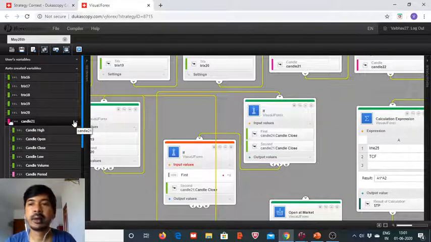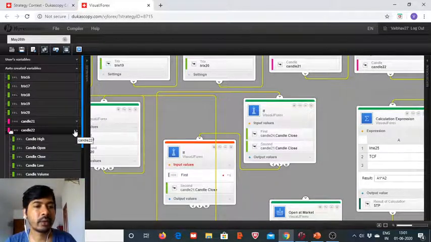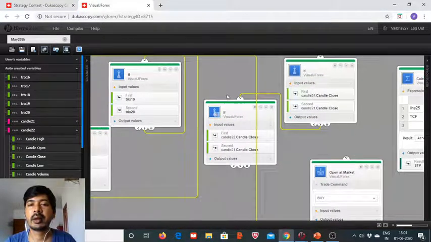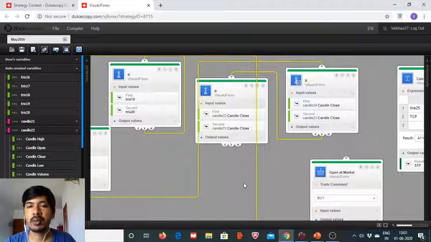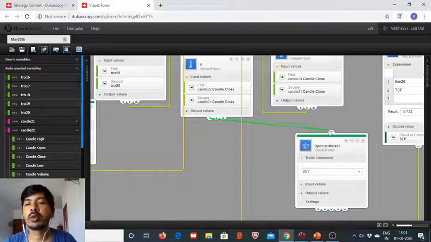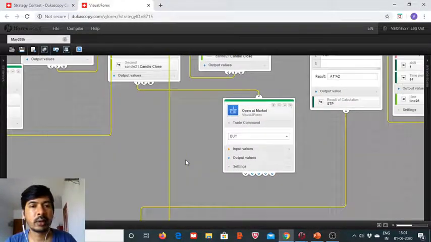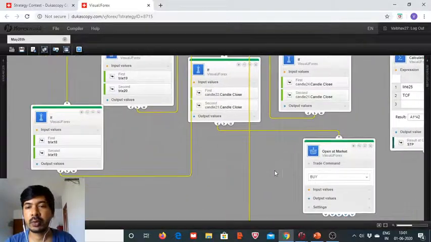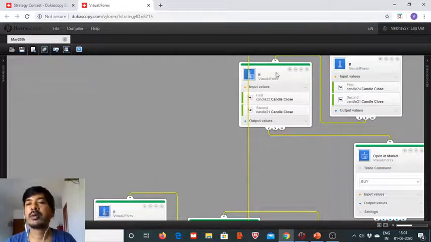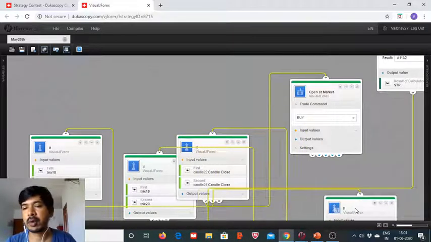So we take candle 22, candle 22's closing level is here, and now it should be less than the candle 21's closing level. So we have the final setup now, almost done. Let us arrange this, and then we have to fill in the market open values, and we are almost done.